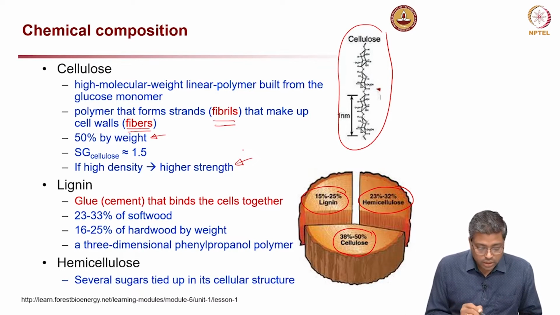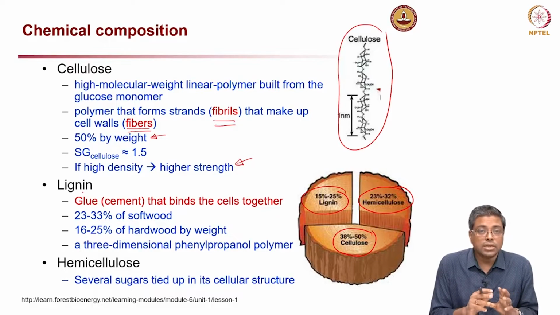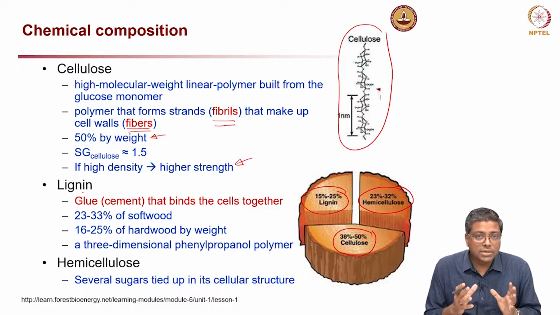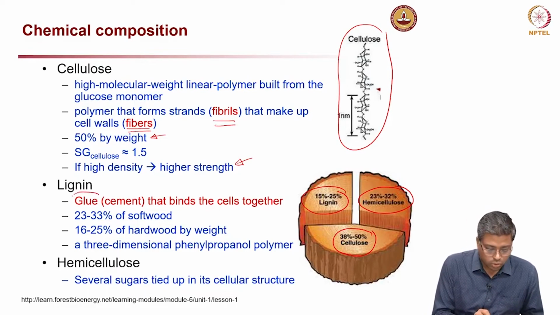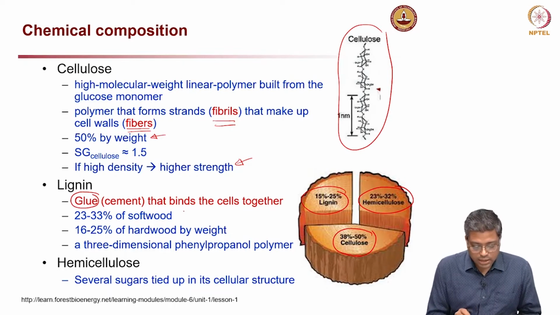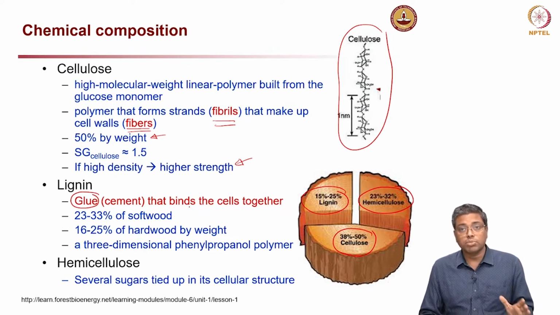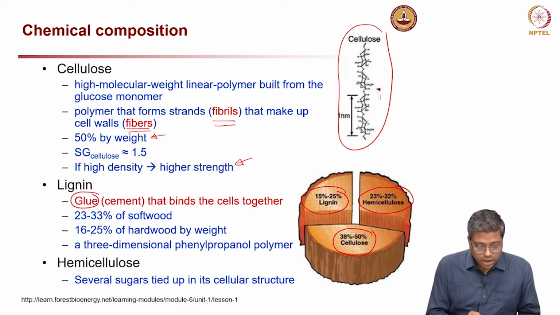Now, lignin is basically the glue that binds the different cells together, the cementitious property. Essentially, it is a glue. That is what it is, and it is 23 to 33% of softwood, and in case it is a hardwood, then it is different.